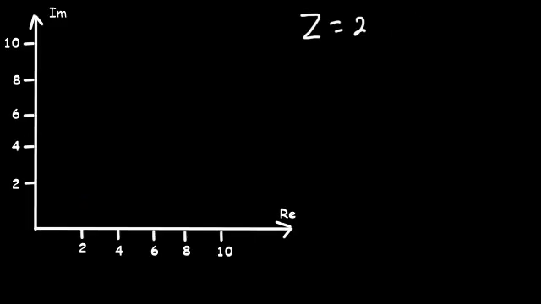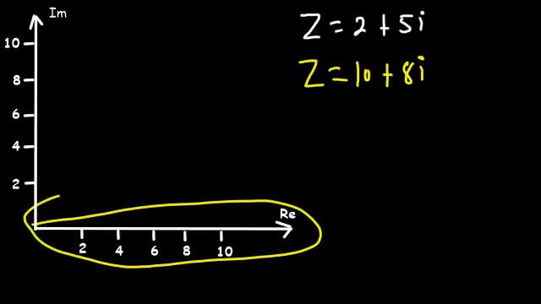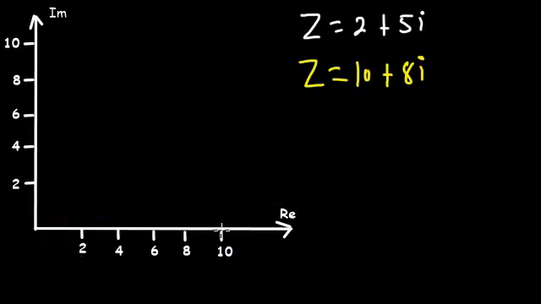So what if we have a complex number z that is equal to 10 plus 8i. How can we represent this? First things first, you locate 10 along the real axis, which is here.